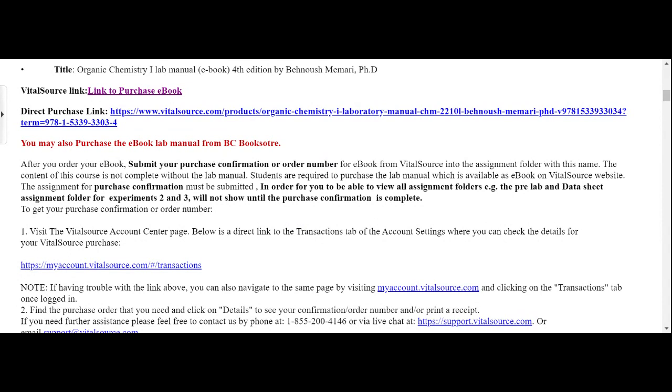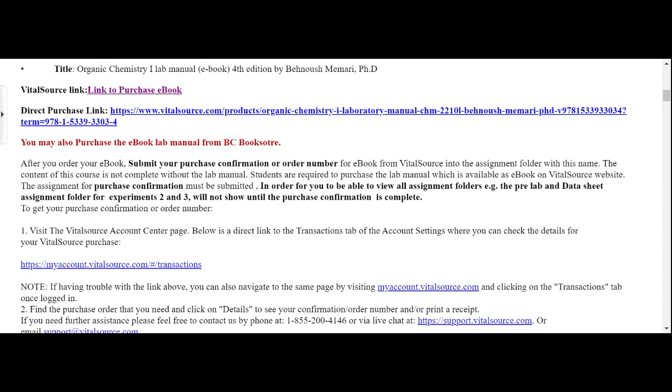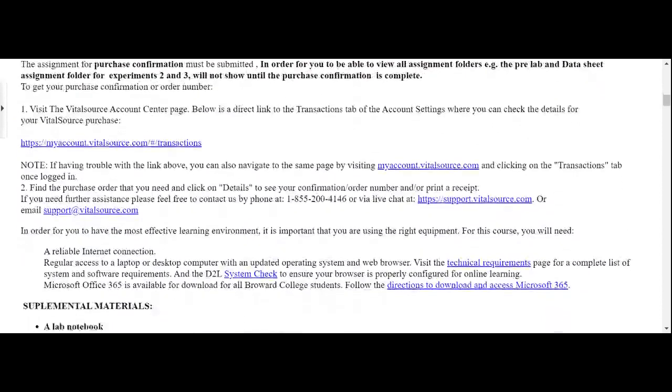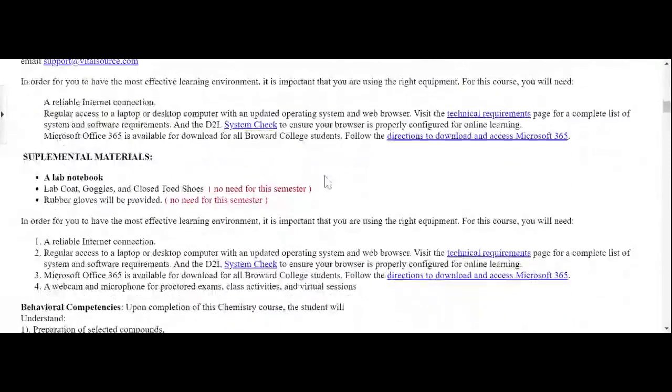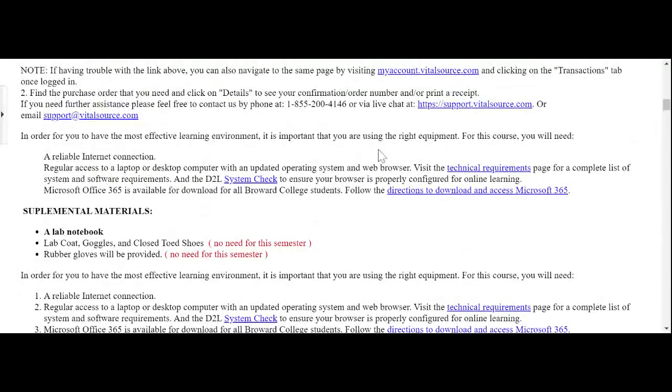The exam questions, the pre-lab questions, everything, and the introduction, it's not. So the ebook is required, one of the requirements for this course. The instructions on how to get the confirmation number and submit it are given in the syllabus. Please follow that.